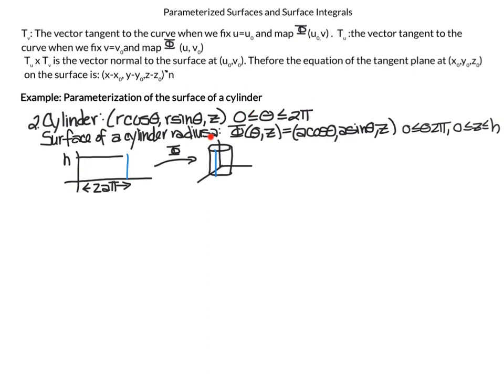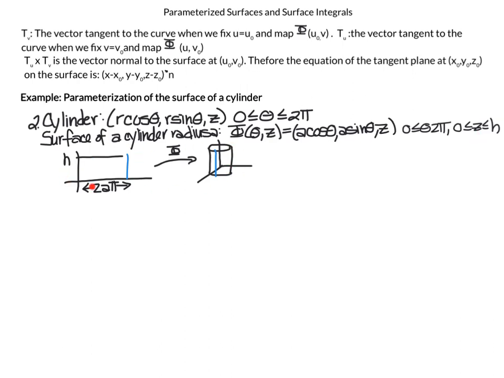So if we only want the surface of a cylinder of radius a, then our phi of theta and z is going to be a cosine theta, a sine theta, z. Again, we're holding r fixed at a. Theta goes between 0 and 2 pi, so we get the entire circle, and z will go between 0 and h because we have a height of h.